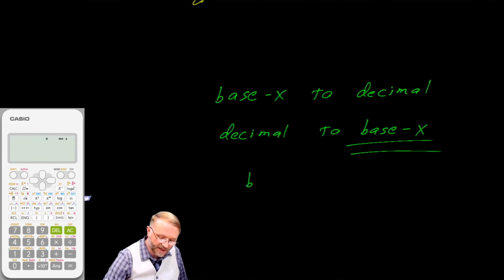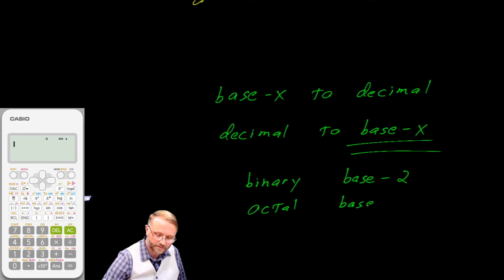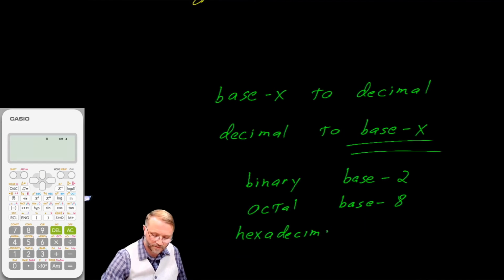It'll take on binary, which is base 2. It'll take on octal occasionally, which is base 8. More common is hexadecimal, which is base 16.